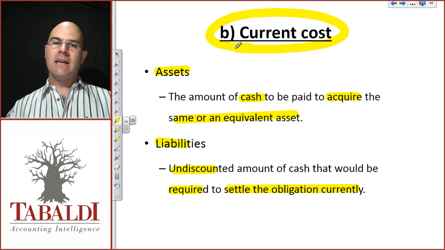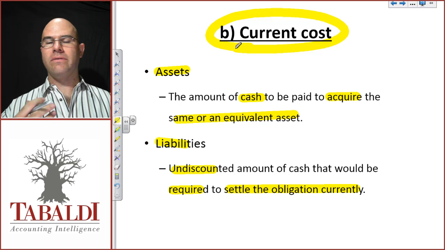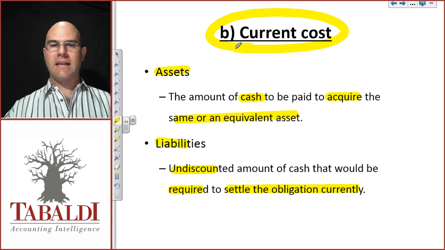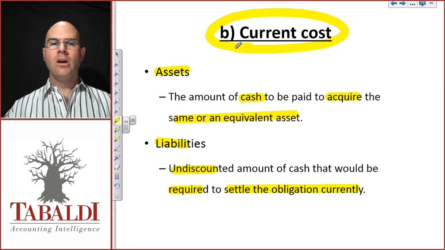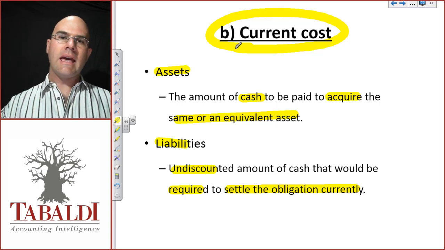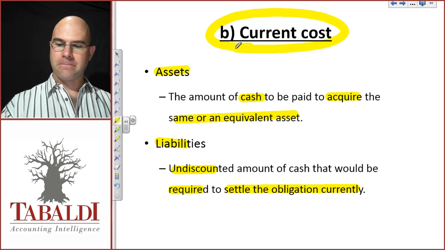Now this goes back in history of accounting. We used to apply back in the 60s something called inflation accounting. After that, they looked to something called current cost accounting and then concurrent cost accounting, which all looked at current prices of what you would get if you sold that asset or what you would have to pay if you settled that liability today.